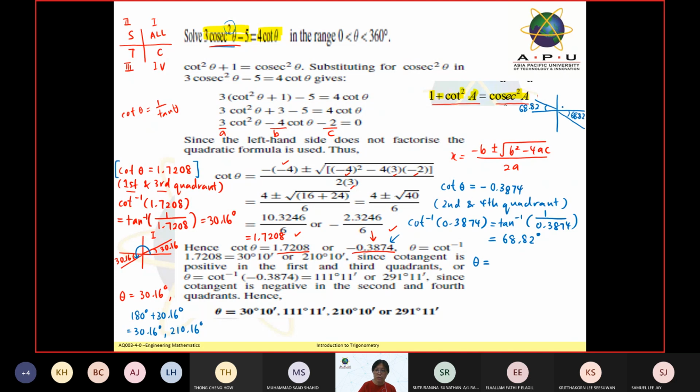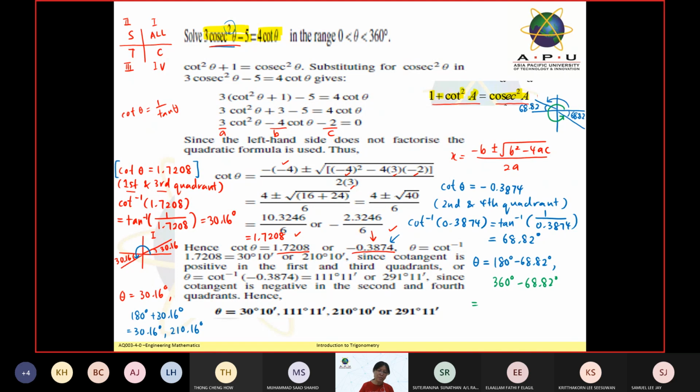For the second quadrant, we measure from here, so we should take 180 degree minus 68.82. For the fourth quadrant, it is from here to here, so you should take 360 degree minus 68.82.